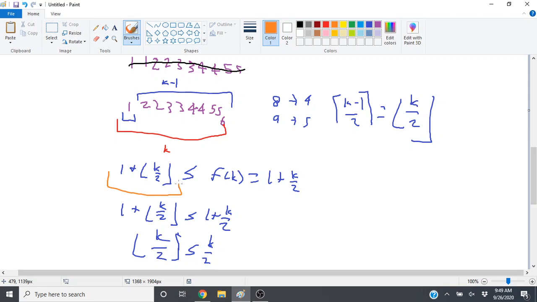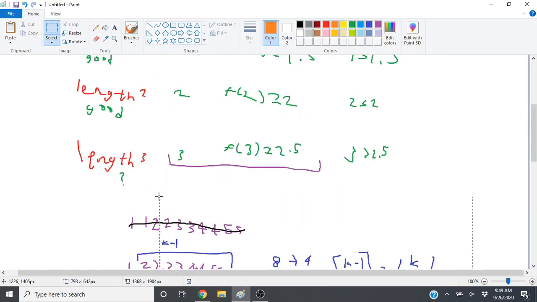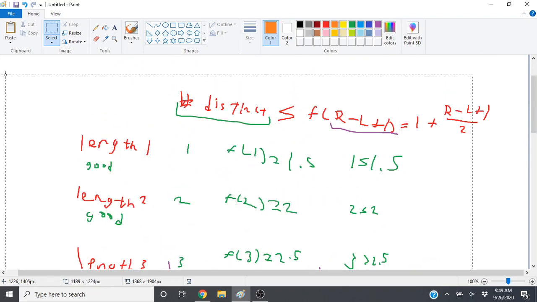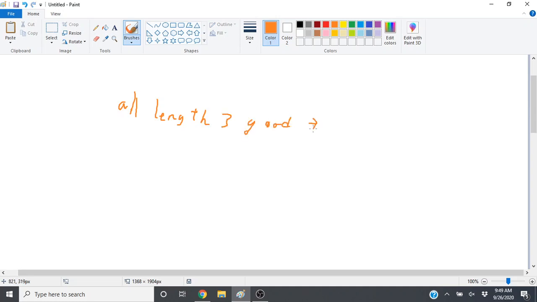And now we have to use this information. Okay, so basically, now we're only solving for the problem of subarray length 3 being good. All length 3 good implies that all are good.